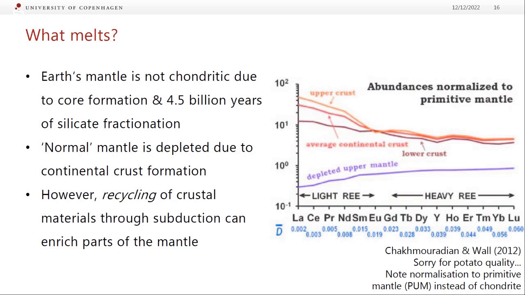If you added these two together, you get the hypothetical primitive upper mantle. So this is what normal mantle looks like. However, we do have subduction, so we have a way of adding enriched things back into it. Most of the mantle is depleted, but we might have little patches that are relatively enriched in light rare earths compared to heavy rare earths.